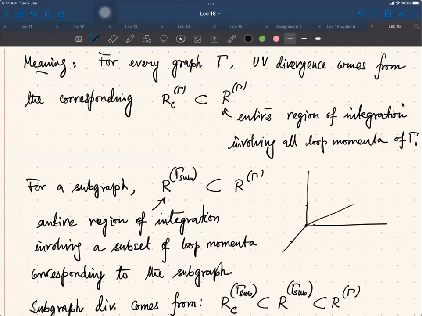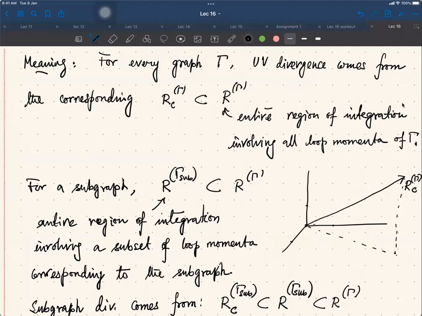If you project it on the two-dimensional space, it will come here. There's a perspective here, and one has to get that perspective right. So it is this region that is R gamma C.